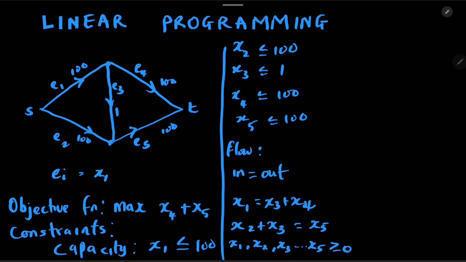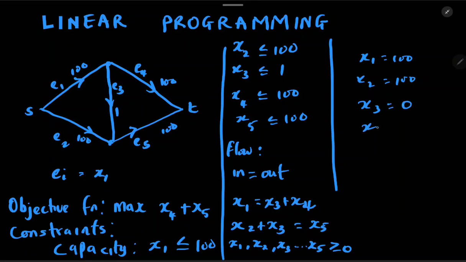But merely by eyeballing the inequalities and equations we have right now, we can say that a possible solution is x1 equals 100, x2 equals 100, x3 equals 0, x4 equals 100, and x5 equals 100.